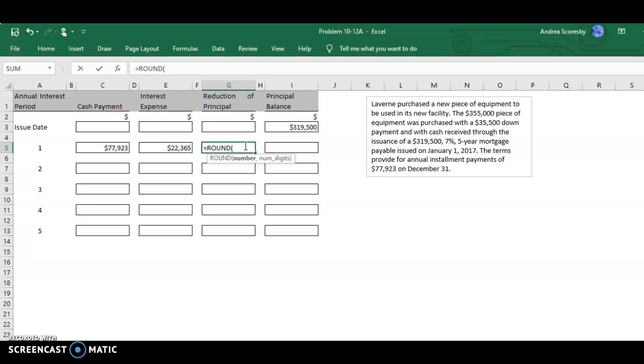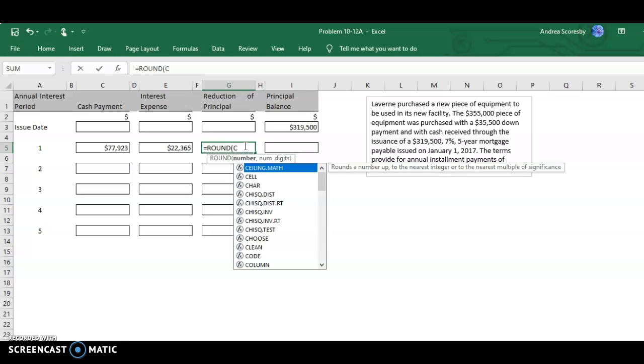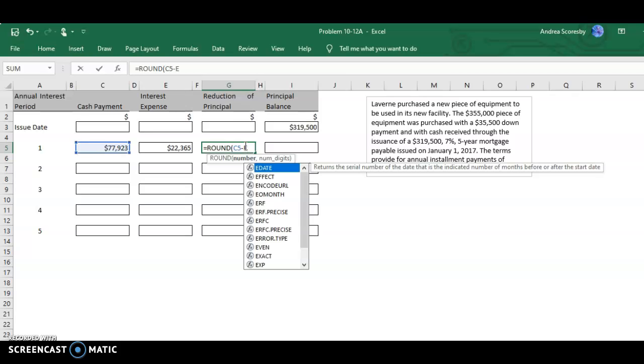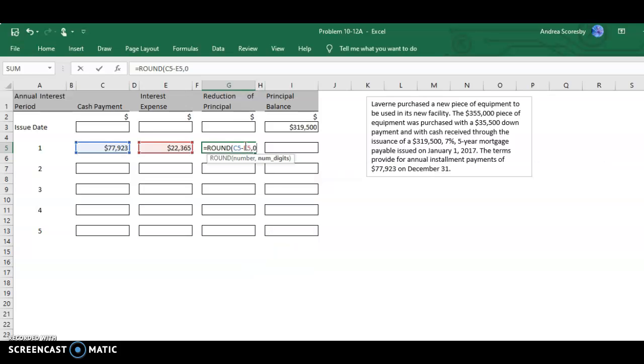So the reduction of principal is going to be the cash payment of $77,923 minus the interest expense that we just found, which is $22,365. And that gives us $55,558.